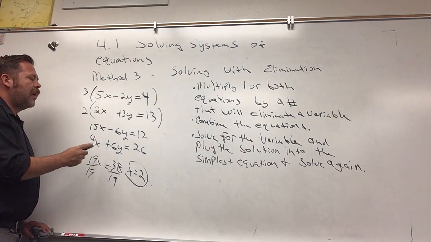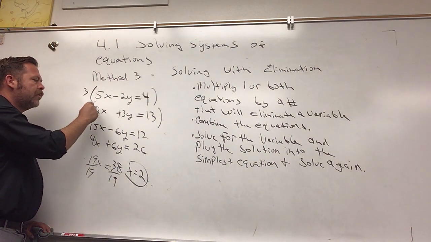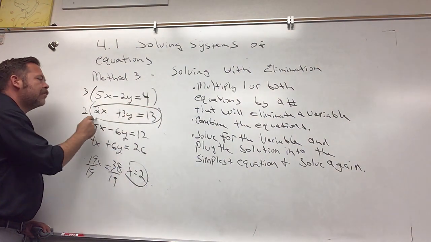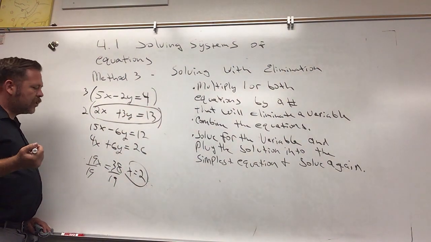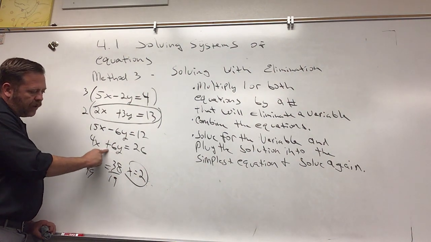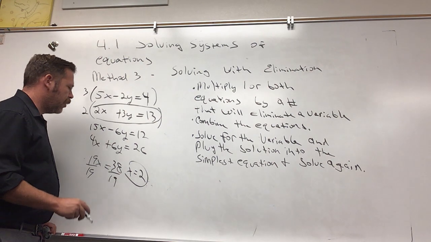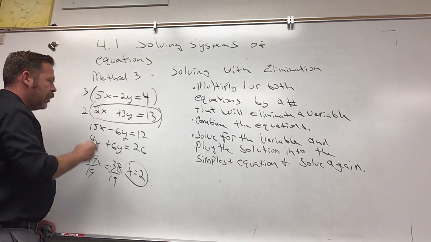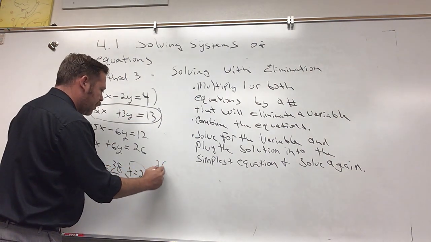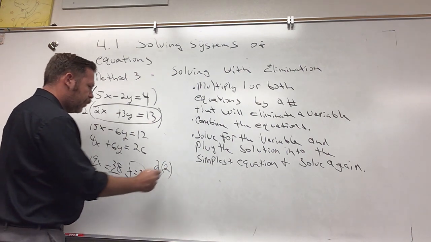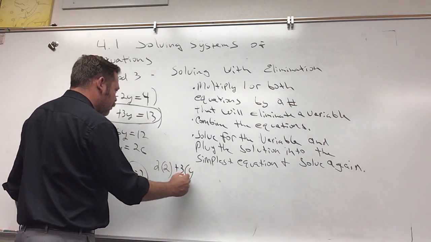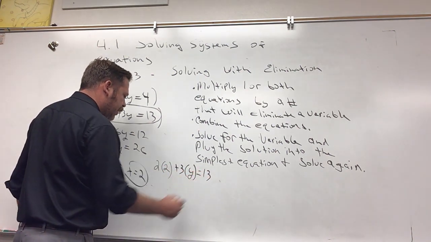I think the simplest equation would be this one. What do you guys like about that one? All positive, pretty small numbers. I mean, this one's all positive, but it's bigger numbers. We like positive, we like small numbers, those are easy to work with. So I'm going to choose this one that I circled, and it's going to be 2 times 2 plus 3 times y equals 13.